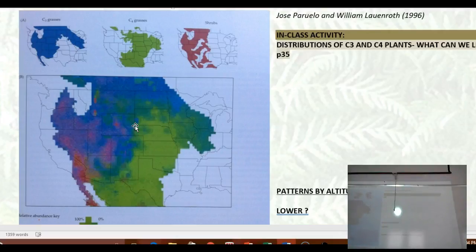One thing you'll know about North Dakota is it's going to be higher elevation in one part than the other, but it's also nearer some other types of habitat, maybe wetter habitats, cooler habitats. Something else is distinguishing the northern region of North Dakota from the southern region.